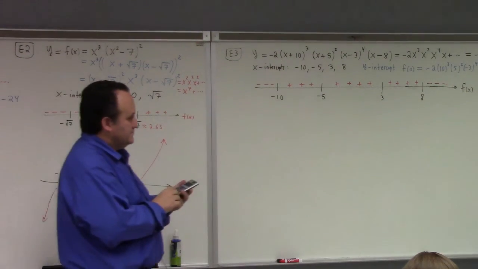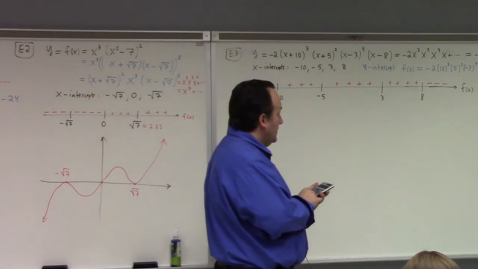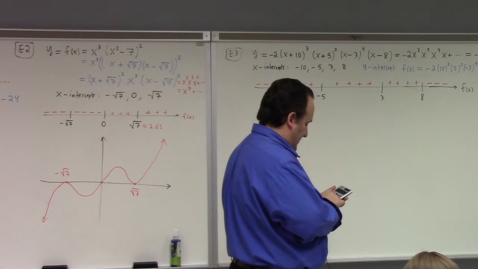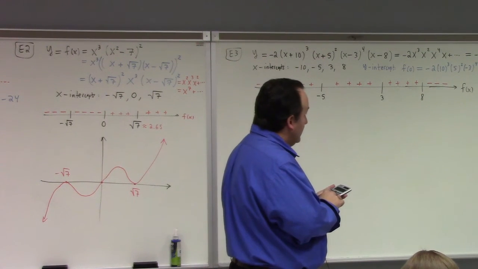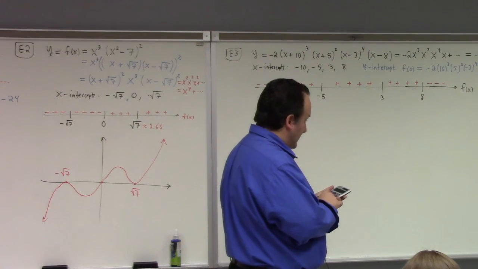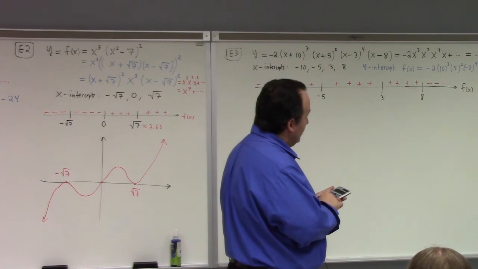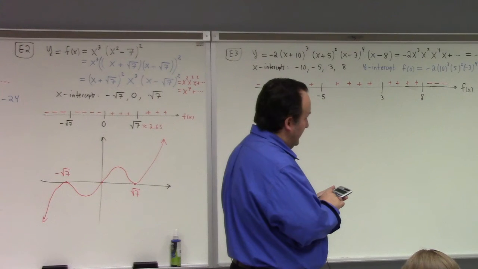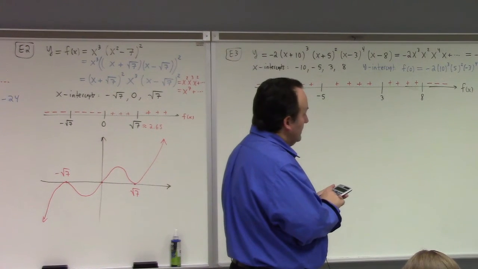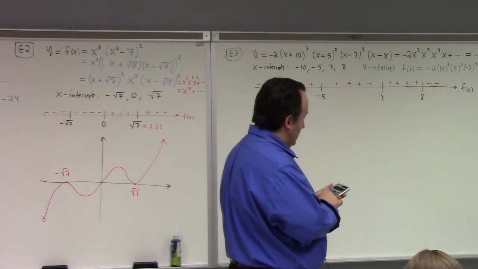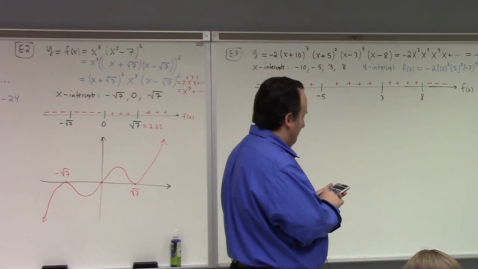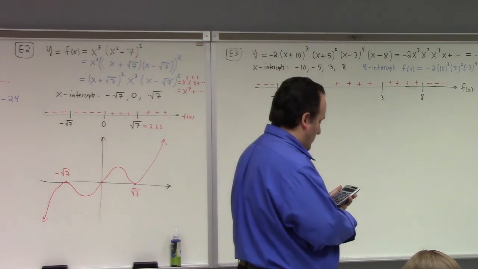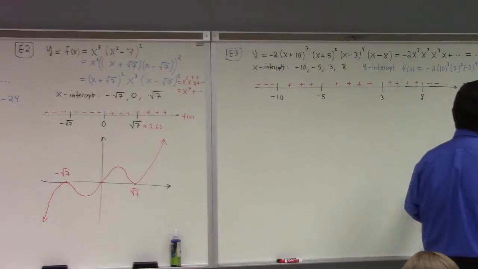Let's see here. Minus 2 times 10 to the power 3, also known as 1,000, right? Times 25 times 3 to the 4th power is actually 81 times minus 8. Whoa. Yowzers.